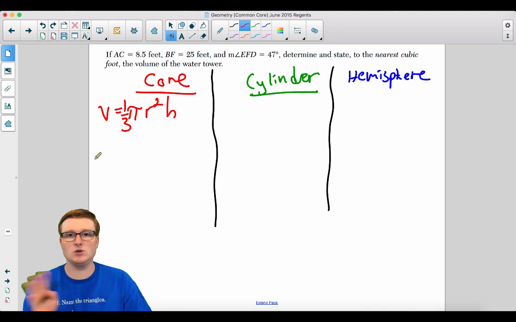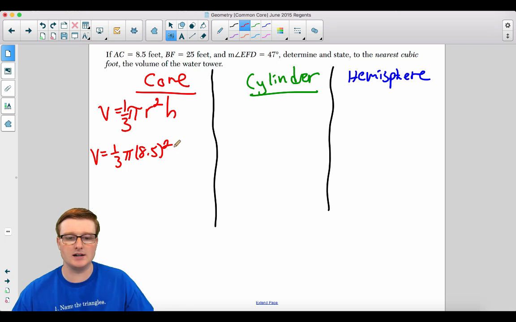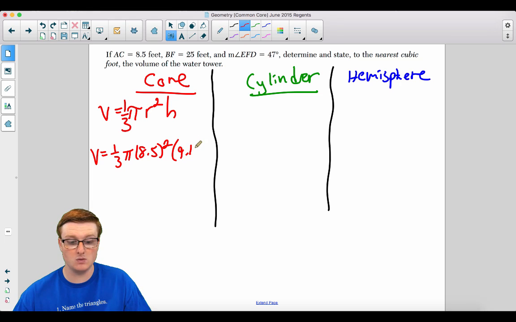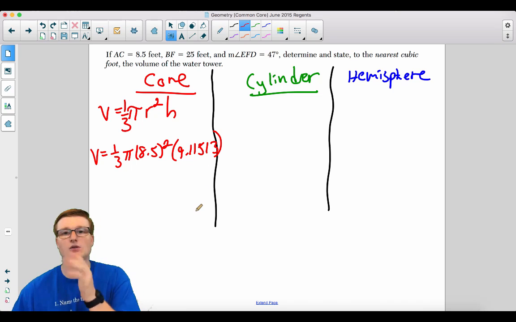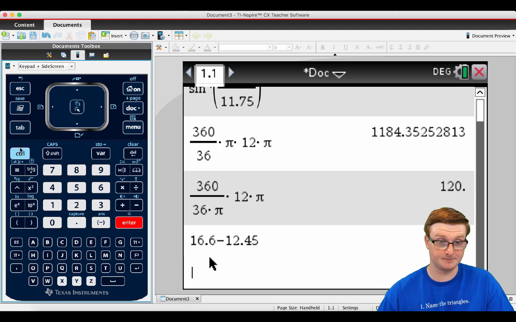By the way, at the very end, we are adding all of these things. So the volume of the cone is equal to 1/3 pi times a radius of 8.5 squared times the height, which is what we just found, 9.11513. Please do yourself a favor. Do not round until the very end. Now, we're going to plug this into our calculator.